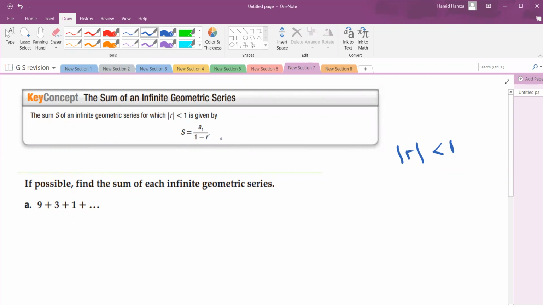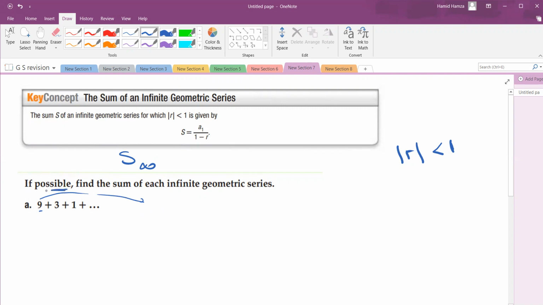So if the common ratio is a fraction, that means we can find the sum of the sequence to infinity. And we write it like this, S infinity, the sum from the first term to the last term, to infinity.